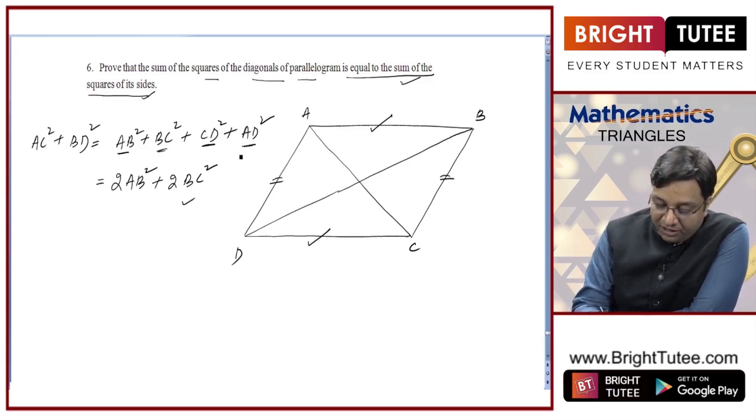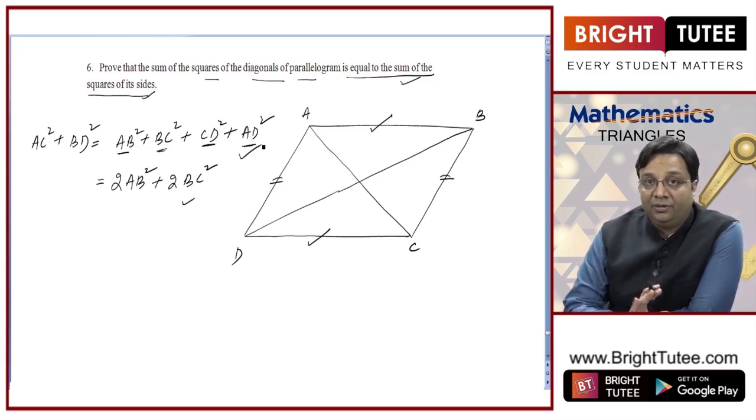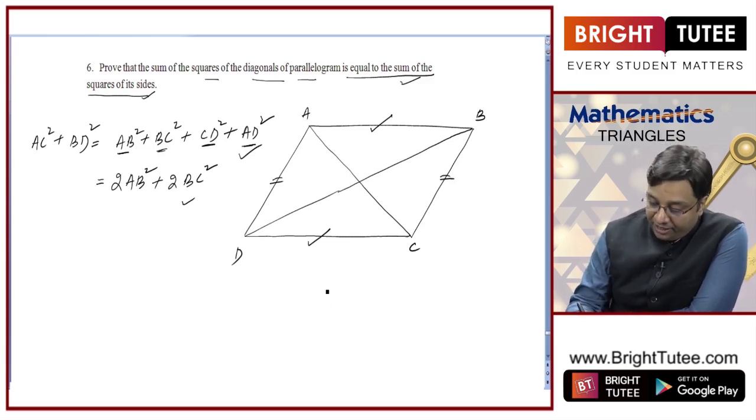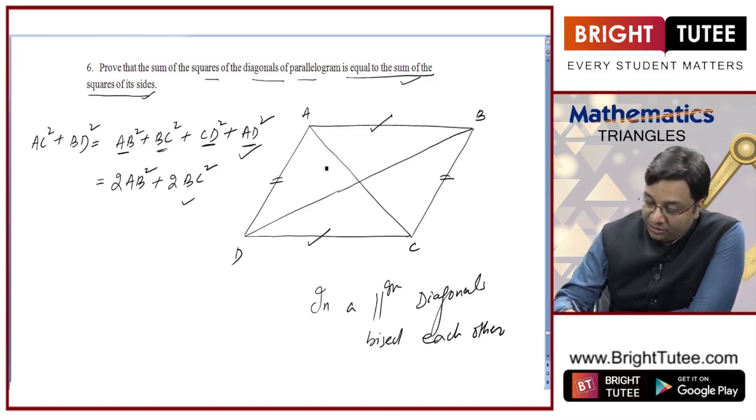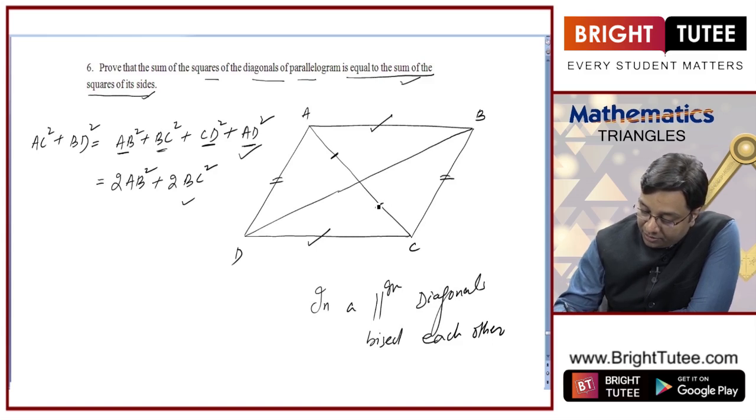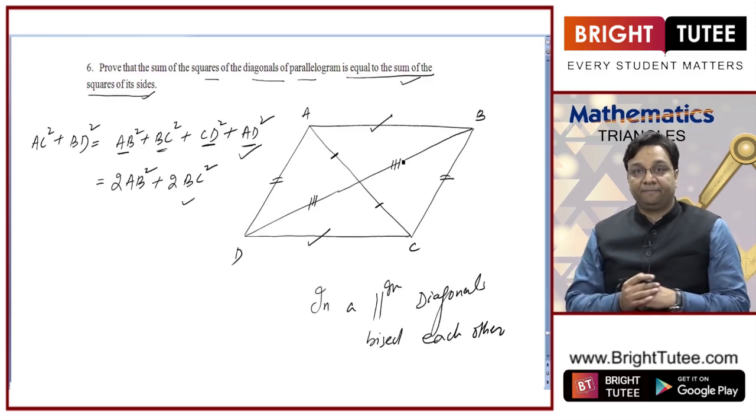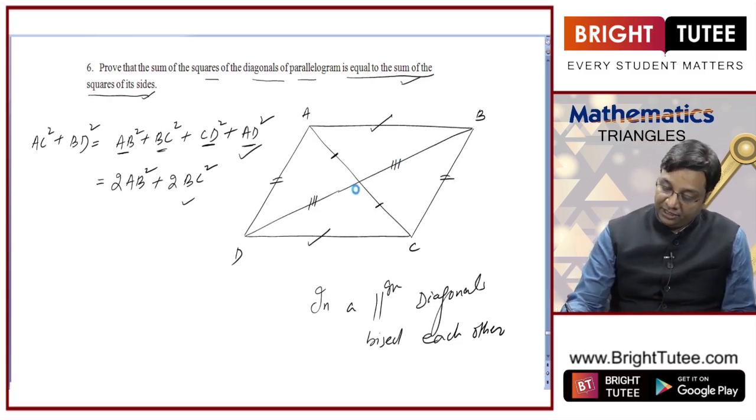I can prove this result or that result and it will be fine because both are the same. Now if you notice, in a parallelogram, diagonals bisect each other. So this portion is equal to this portion and this segment is equal to this segment here. Now let us name this point M.